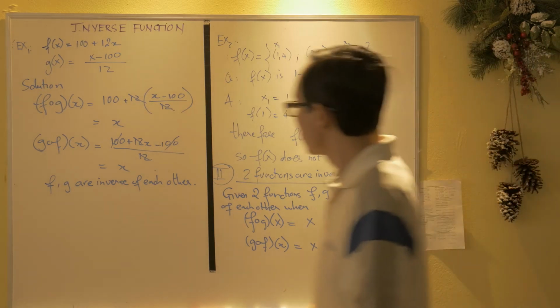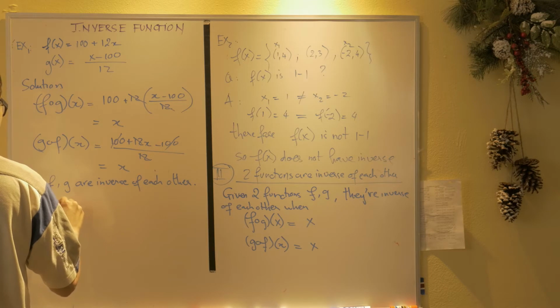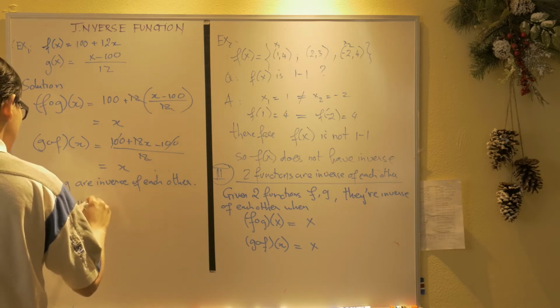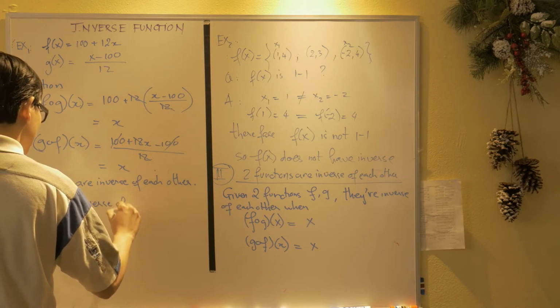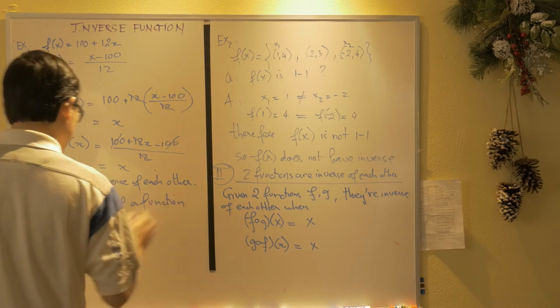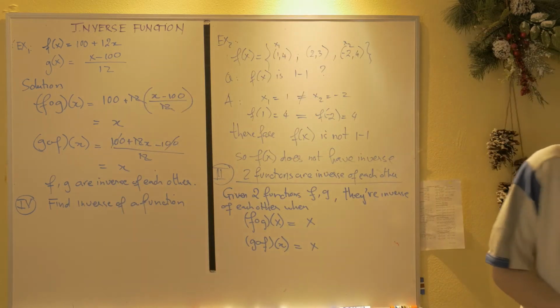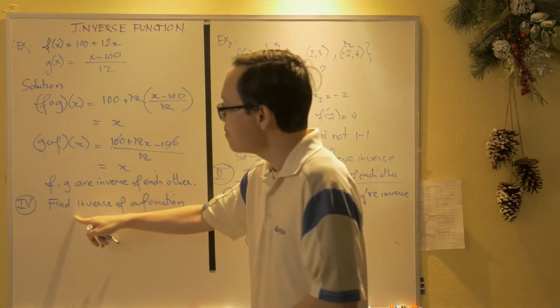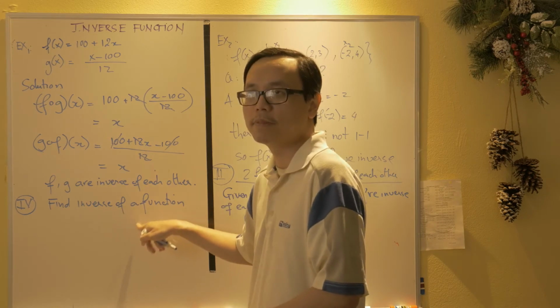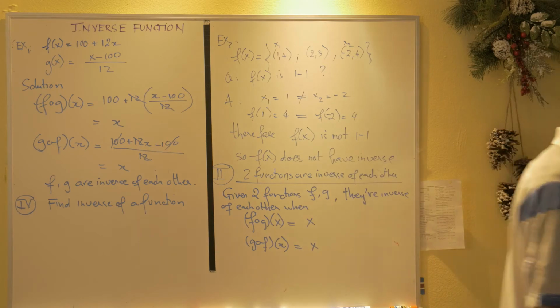Okay. So on the fourth part, I want to find the inverse of a function. Well, actually, I should say find the inverse function of the function, because when we're talking about inverses, they are functions also.